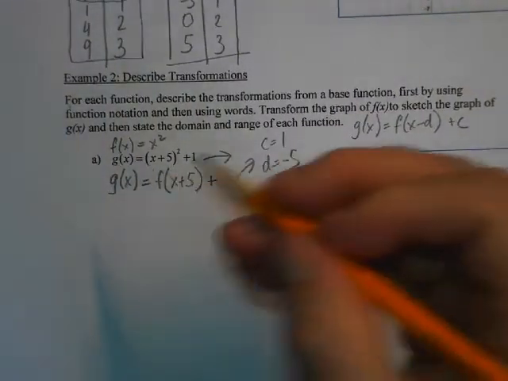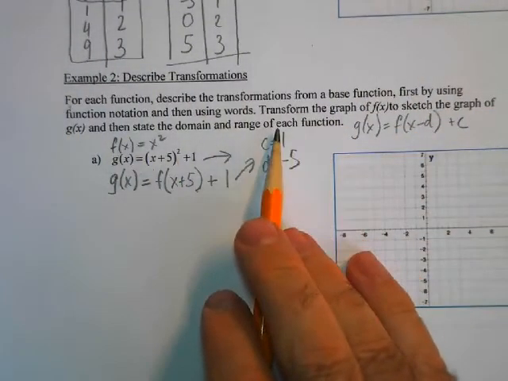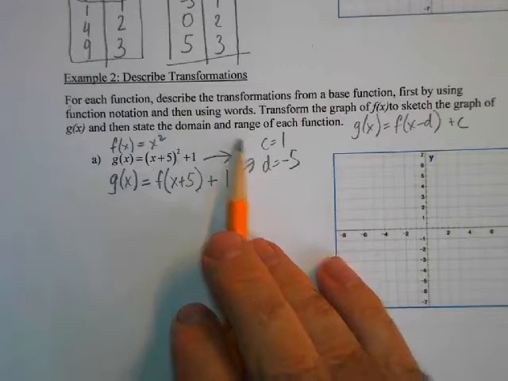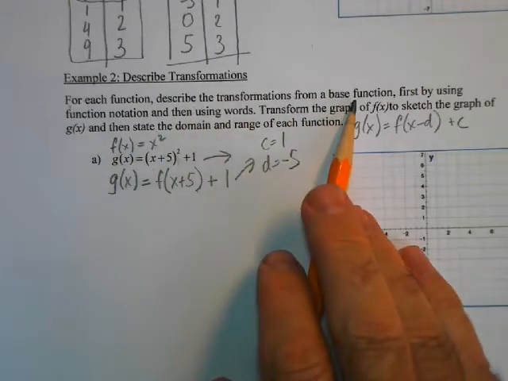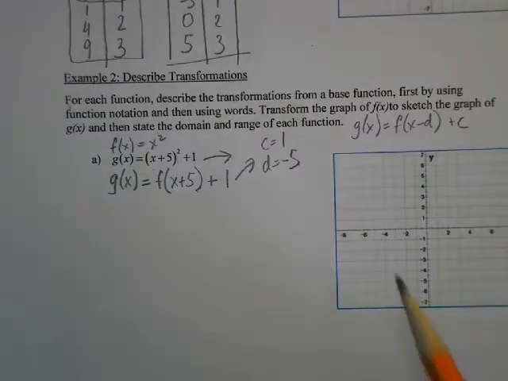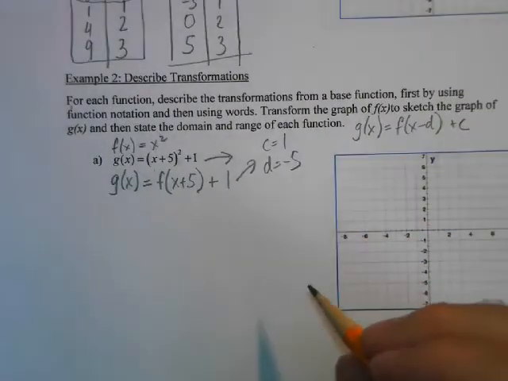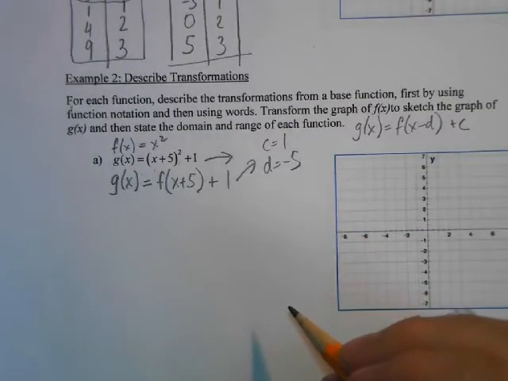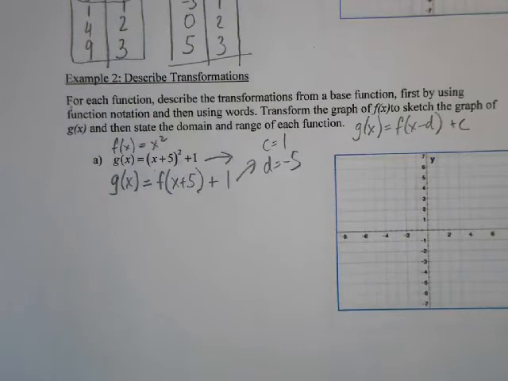Okay, now they also want us to write out, describe the transformations, and this is going to be important. You did this in grade 10 for quadratics, and for me it's very important that you use the correct math terminology.